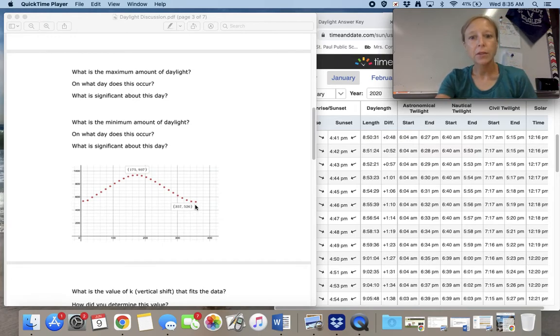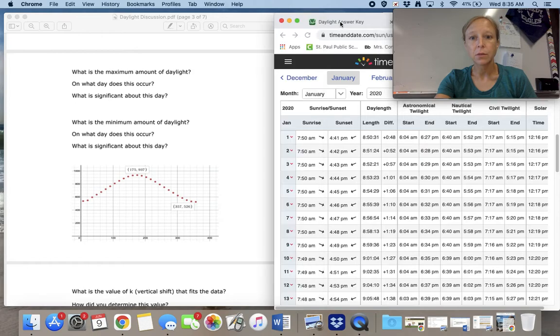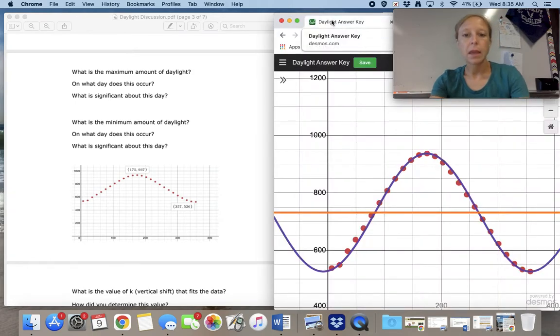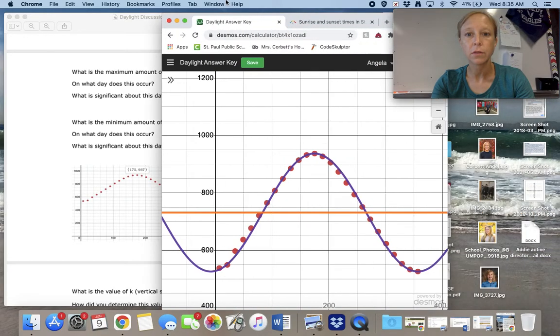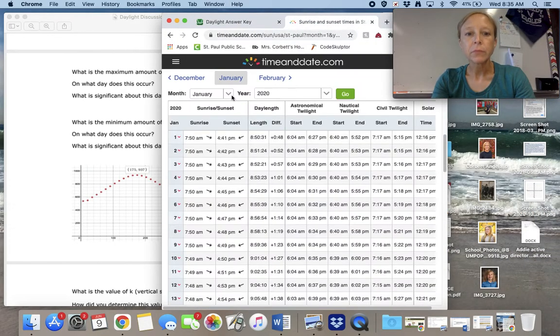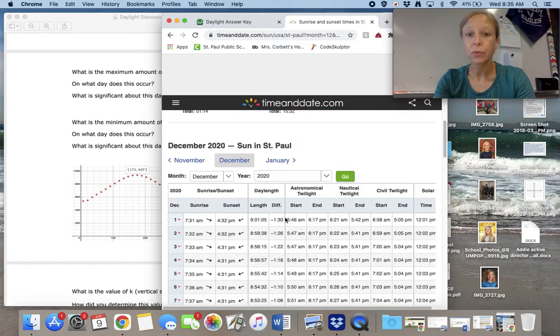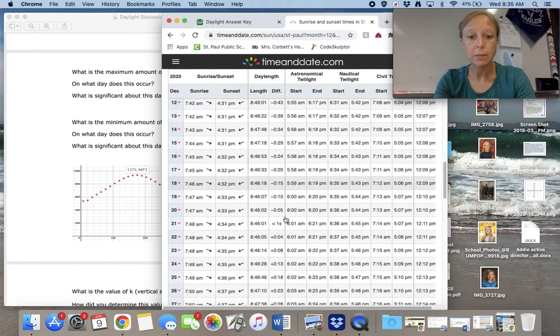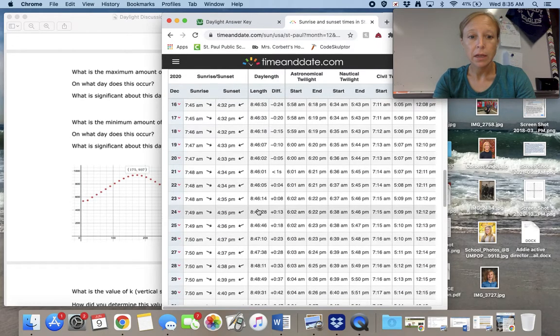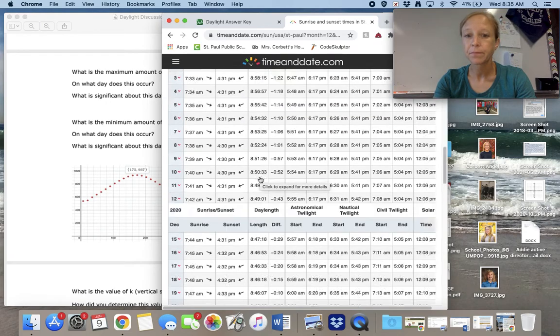So what I chose to do is I went back to this website. If it's happening near the end of the year, that would be December. I went to December and scrolled through the data and wrote down the minimum amount of daylight. I saw that it happened on December 21st, 8 hours and 46 minutes.